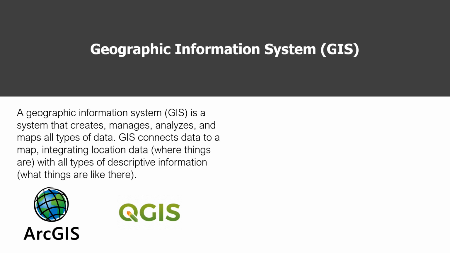QGIS is one of the most popular open source GIS software applications, and it can be used to visualize geospatial data sets used in this course. A detailed exploration of GIS is beyond our scope, but several resources are available online for those interested to learn more about it. One aspect to keep in mind is a spatial projection and coordinate reference system.